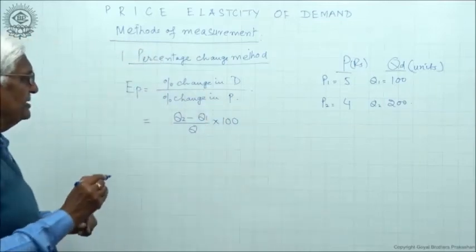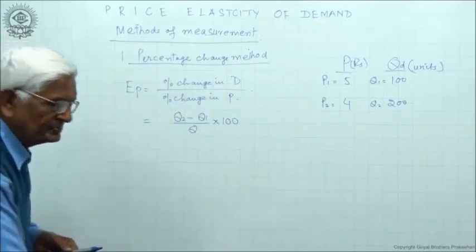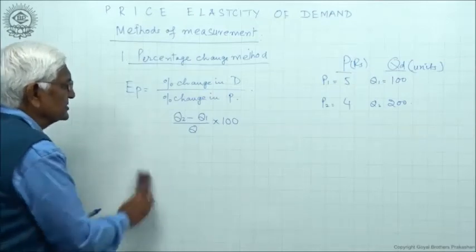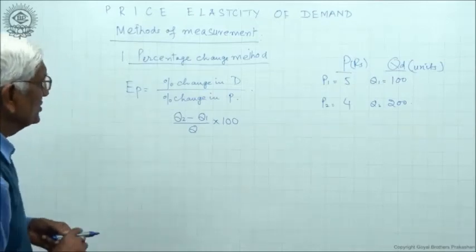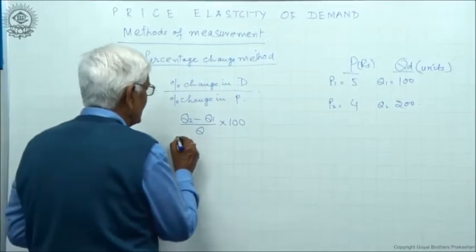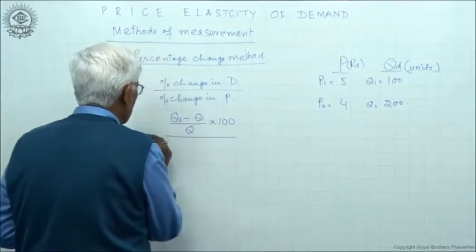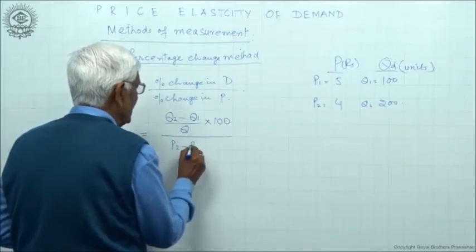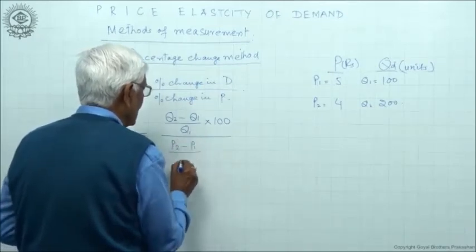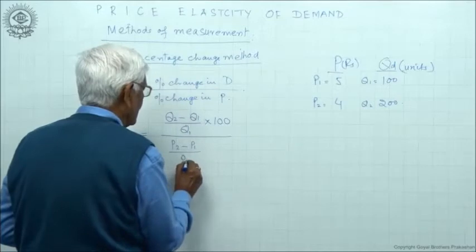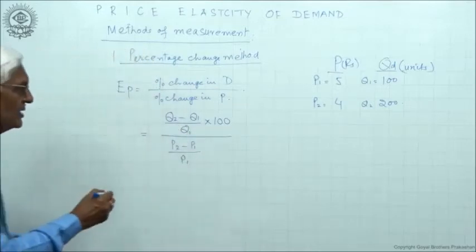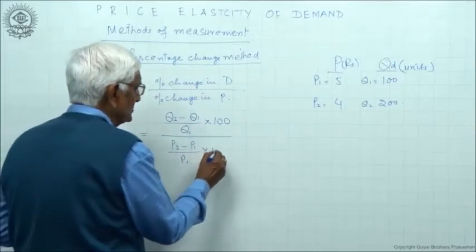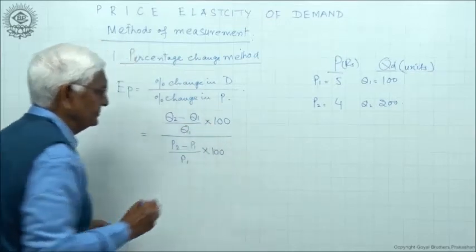See, we are applying simple mathematics. And percentage change in price is P2 minus P1 upon P1 into 100.